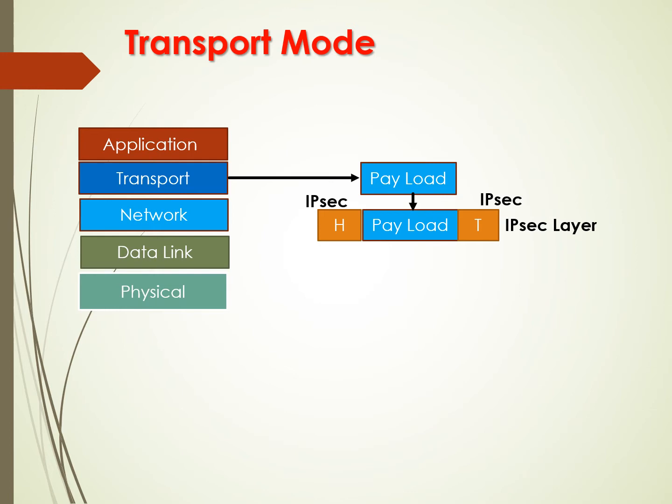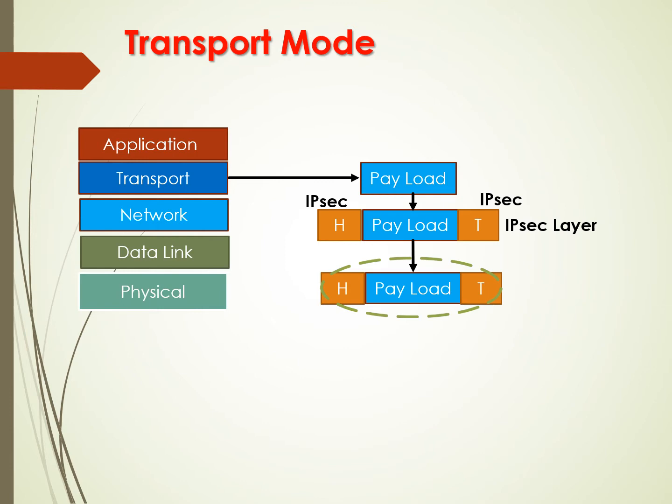Adding the header and the trailer is done by the IP security layer, one more layer we are introducing between the transport layer and the network layer. Then we encapsulate, or encrypt, the payload along with the header and the trailer added in the IP security layer.